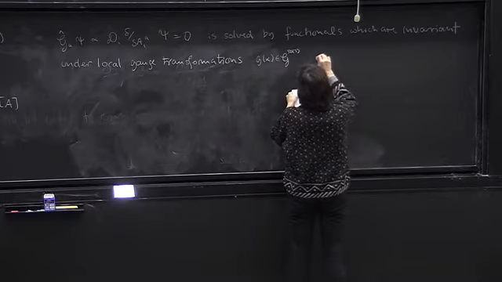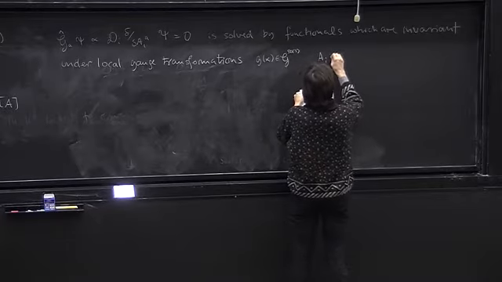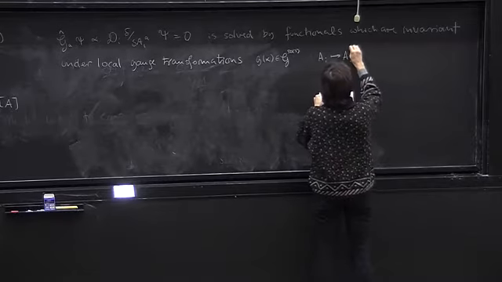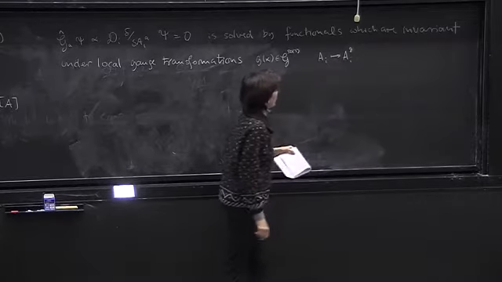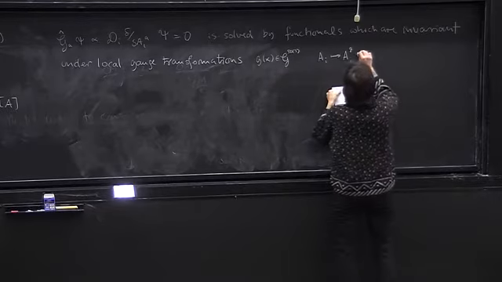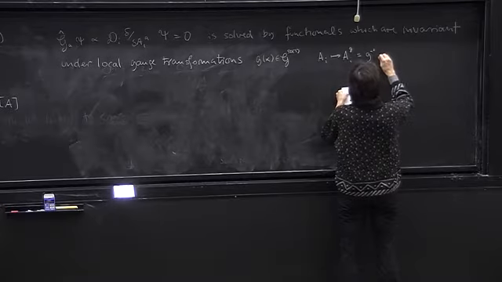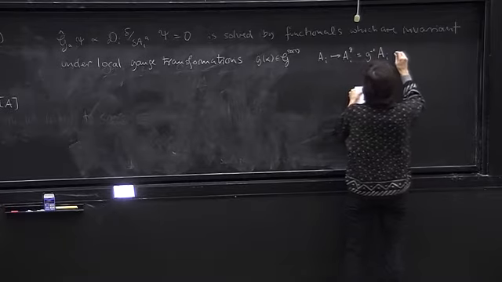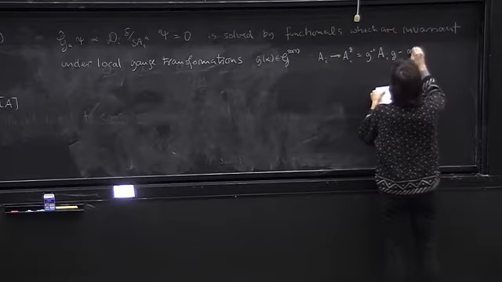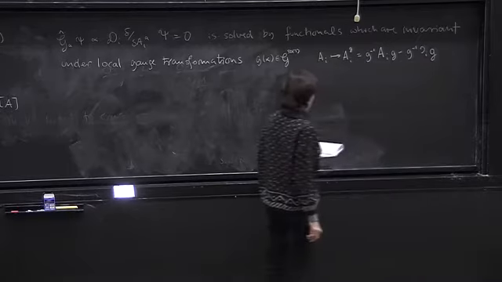And how do they act? They act in the usual way by mapping the gauge potential to the gauge transformed one, indicated by this superscript g, obtained by this action g minus 1, A_i g minus g minus 1 del_i g.